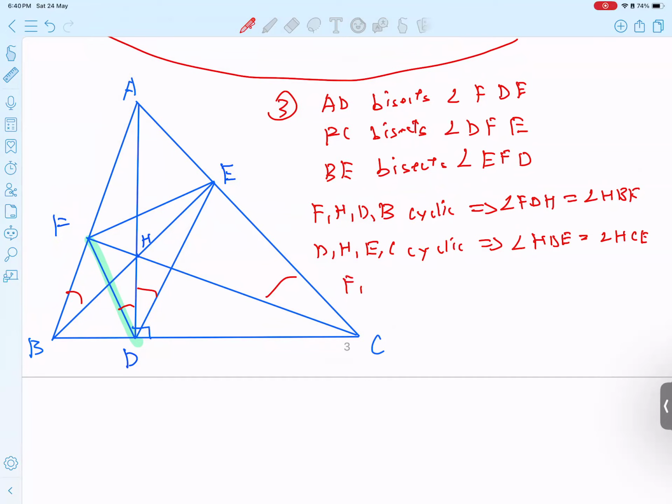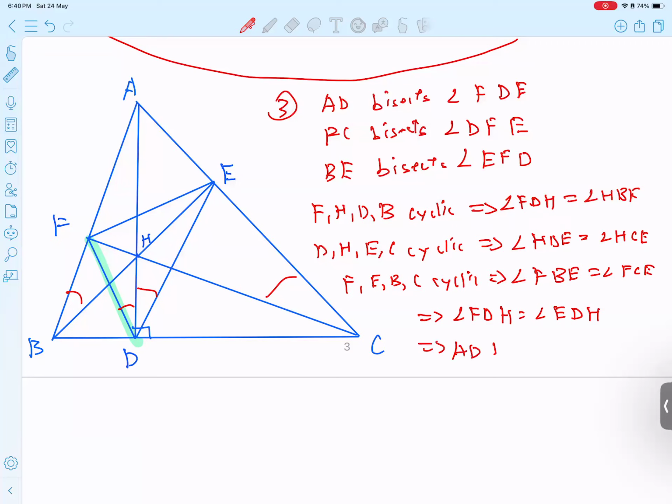And you also know that FEBC is cyclic, which gives angle FBE equals angle FCE. So you have angle FDH equals angle EDH. And so we proved that AD bisects angle FDE.